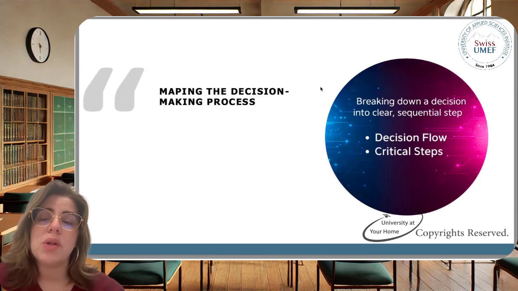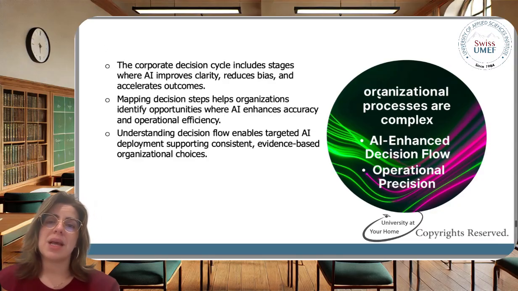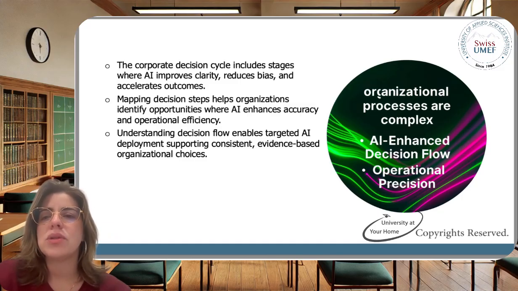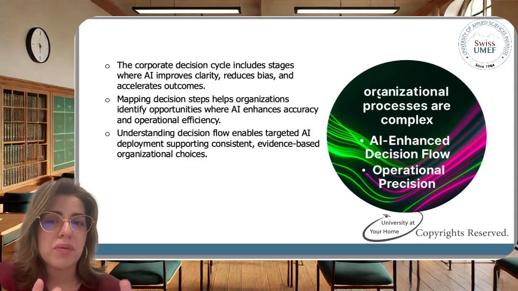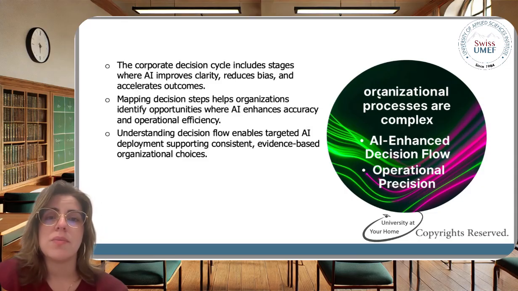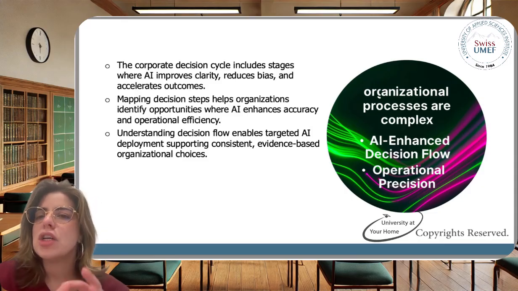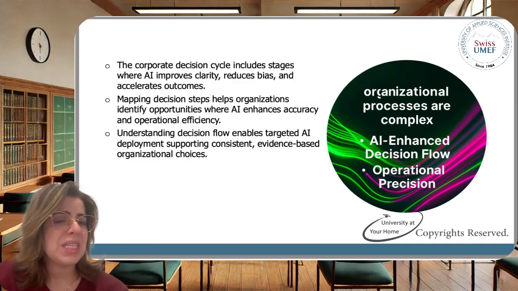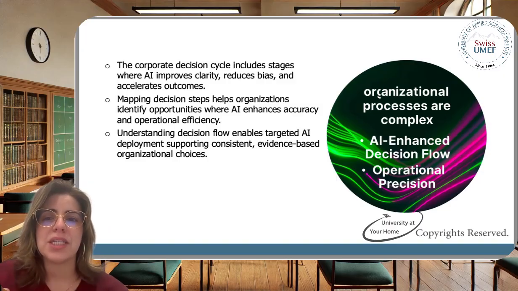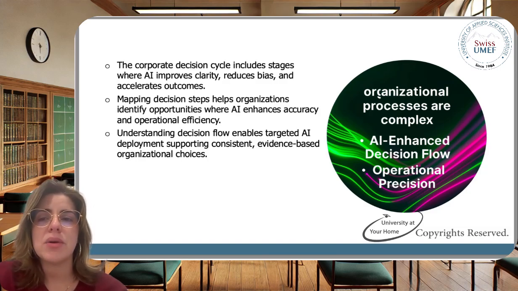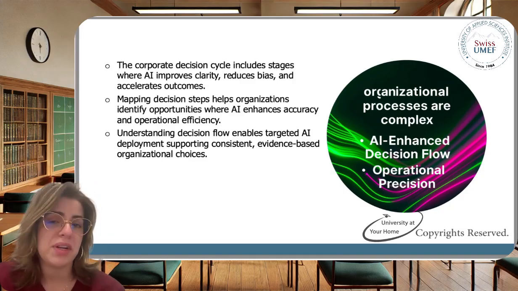And when we talk about mapping the process, every company has a corporate decision cycle. This cycle includes stages where we can improve clarity, reduce bias, and accelerate outcomes. Mapping these steps is like drawing a map of a journey. Why do we do this? It's very simple. It helps organizations identify the specific opportunities where AI enhances accuracy and operational effectiveness.